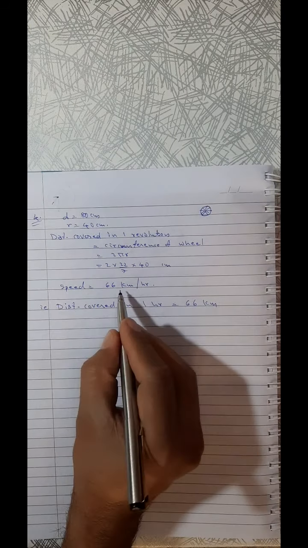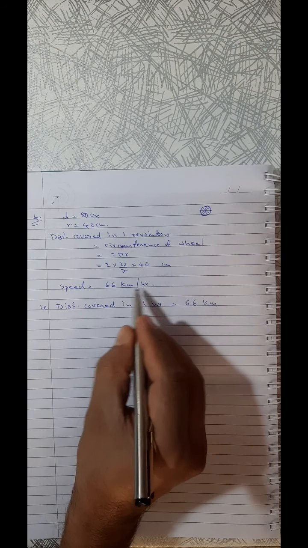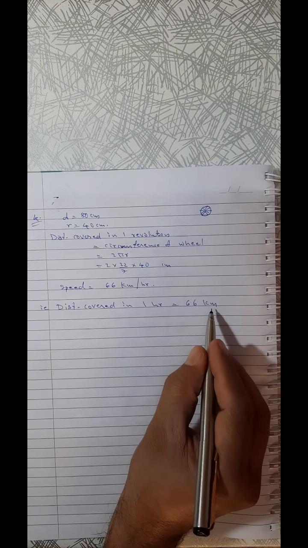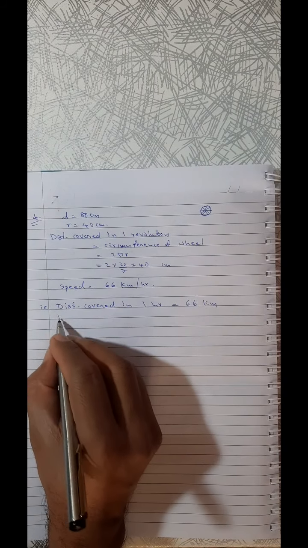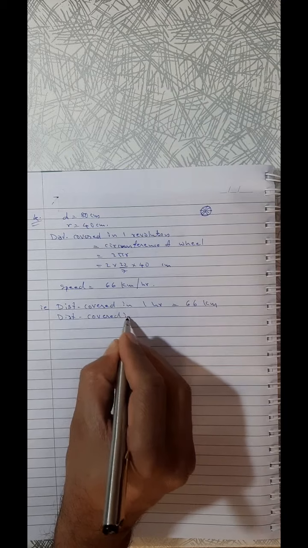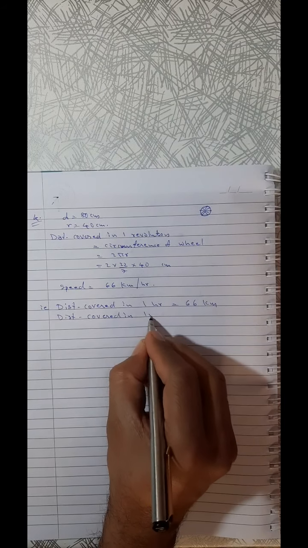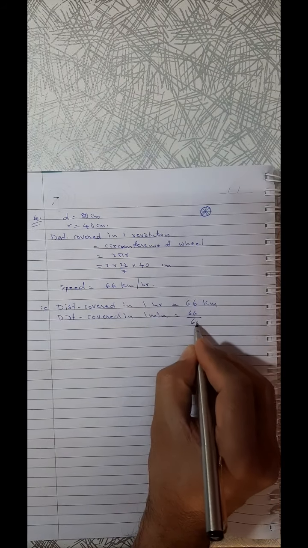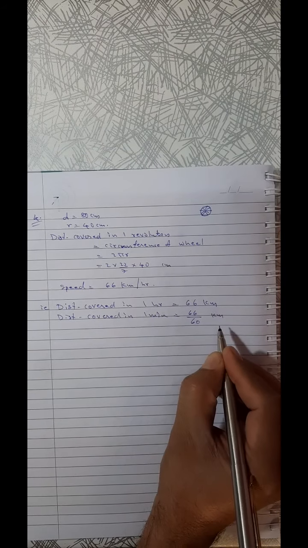That is the meaning of speed. Or we can change 1 hour to 1 minute. 1 minute means 66 upon 60 km.